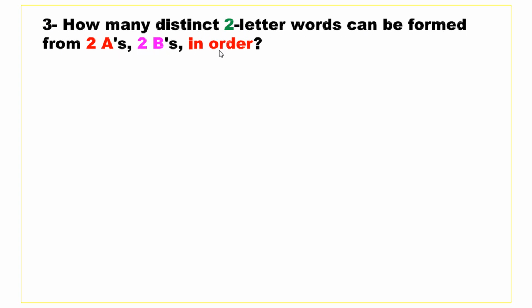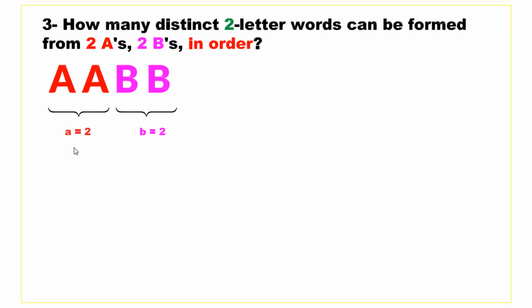And now we have a very simple question: how many distinct two-letter words can be formed from two A's and two B's only, in order and without replacement, of course? So we have two A's and two B's, and the total is 4. So we have these variables. Now we are going to substitute in the mother formula.